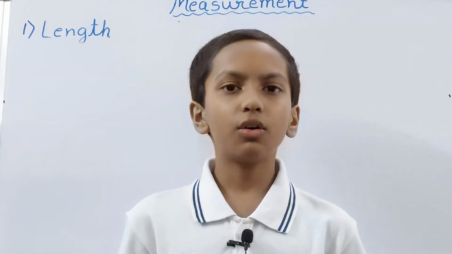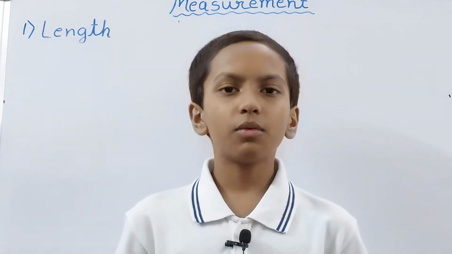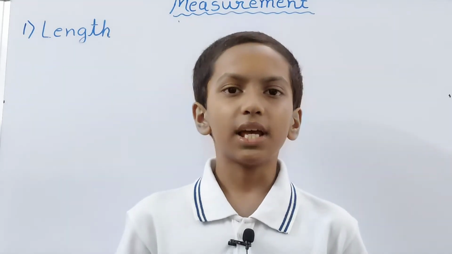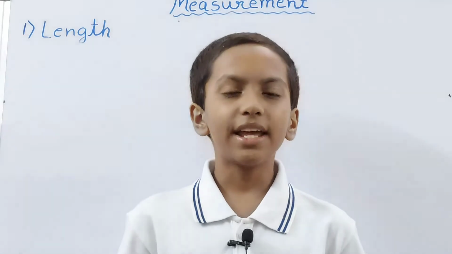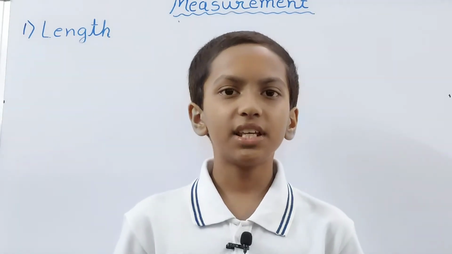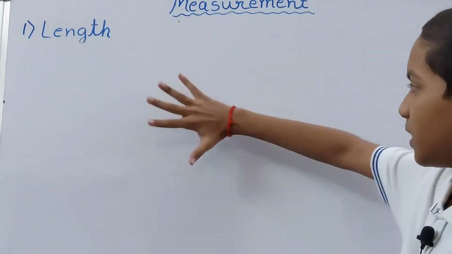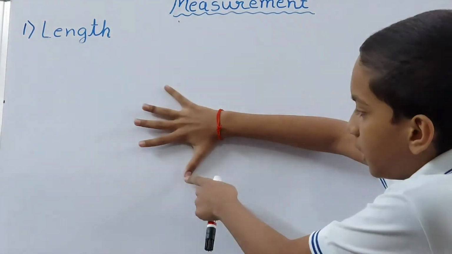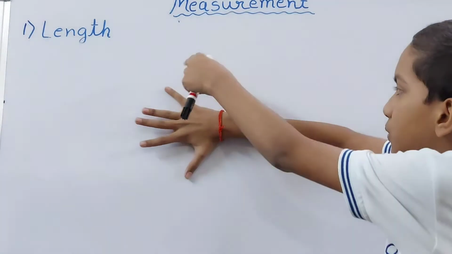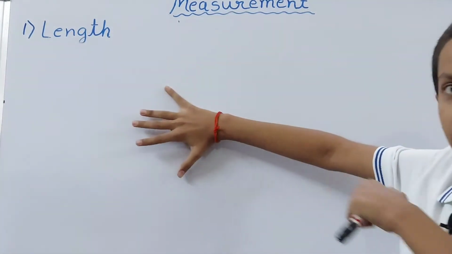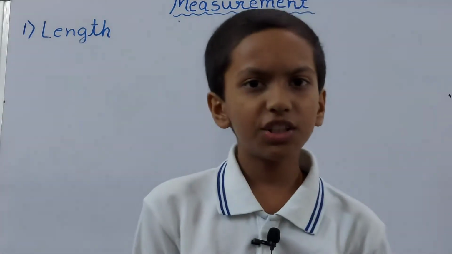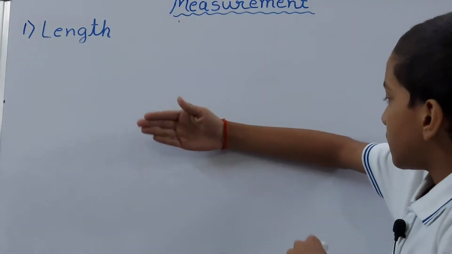Friends, in the olden times, when there were no units, we used hand span, cubit and foot span to measure things. What is hand span? See, hand span is our hand from the tip of our thumb to the tip of our small finger. Okay? And what is cubit? Cubit is like this.